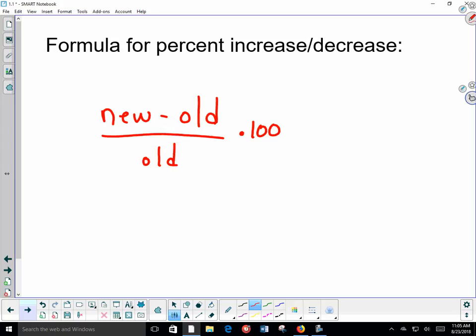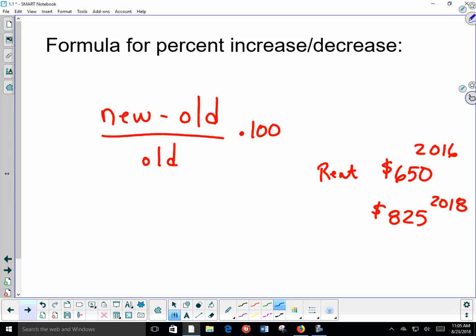All right. So for example, let's say the rent at some apartment building was $650 in the year 2016, and then the rent goes up to $825 in 2018, then what would be the percent increase in the rent?